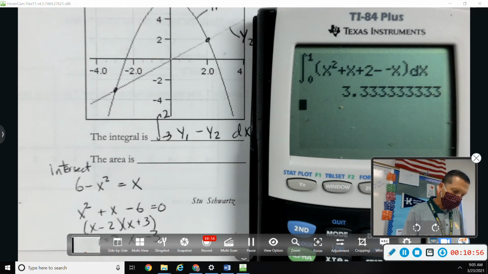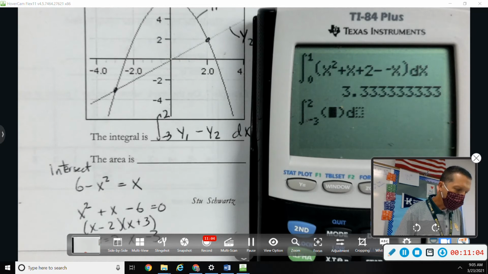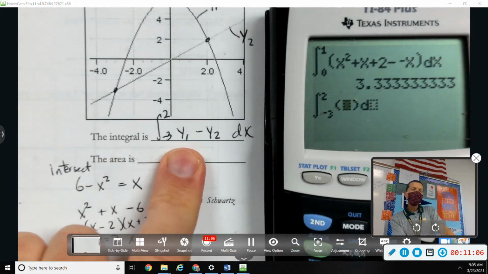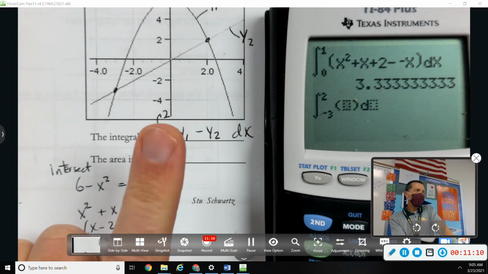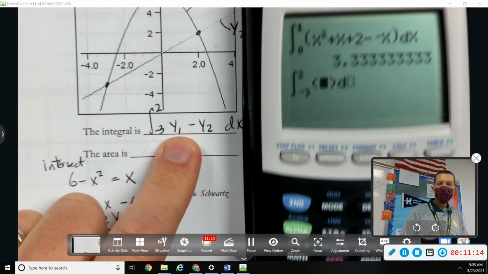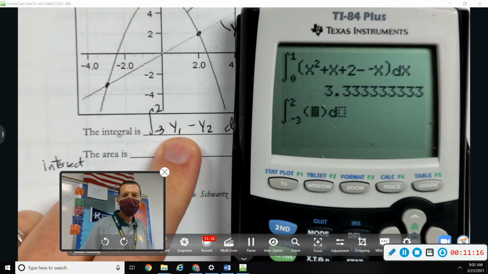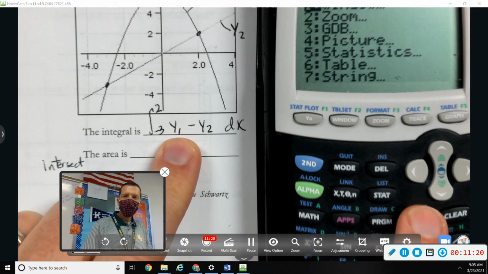All right, math 9. From -3 to 2. Now, since my calculator now knows what Y1 and Y2 are, I don't even have to type in all of Y1 and Y2. I can use those variables. There's a button there for vars. Where is it? There it is. Variables.